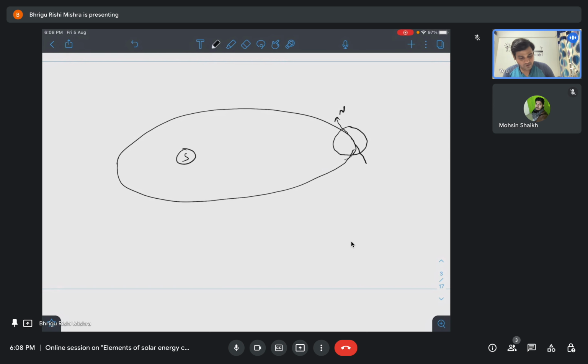This is one position, and this is another position. I'm just drawing the positions. This is just to brush up your memory before starting the questions, so that you can understand them properly.